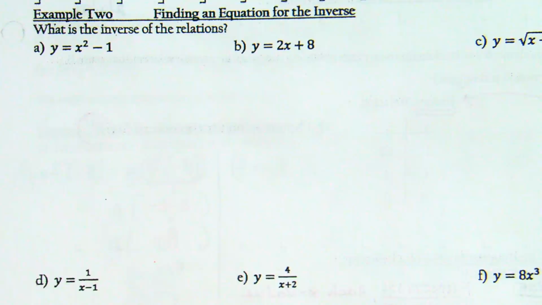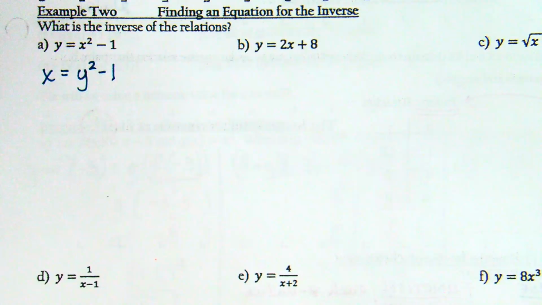Okay, what was the first thing we had to do to find the inverse? Take x and y and switch them, right? So instead of this saying y equals, it's going to read x equals. Instead of x squared minus 1, we're going to write y squared minus 1. So that is your first step.